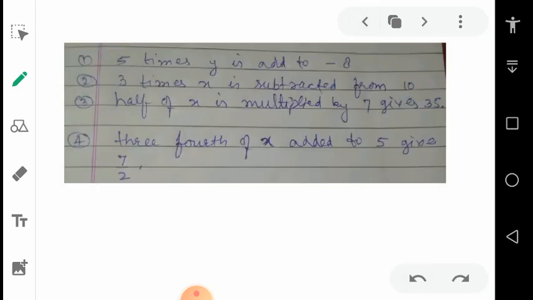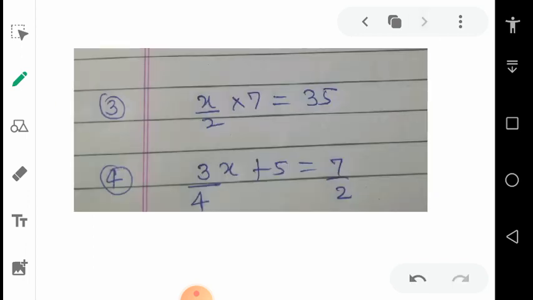Third is half of x is multiplied by 7 gives 35. So we will do it in this way. Half of x means x upon 2 multiplied by 7, gives 35. Gives means equal.